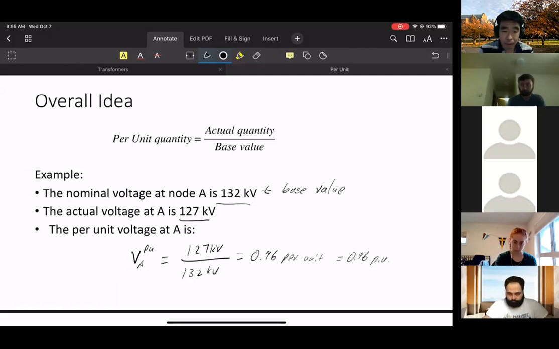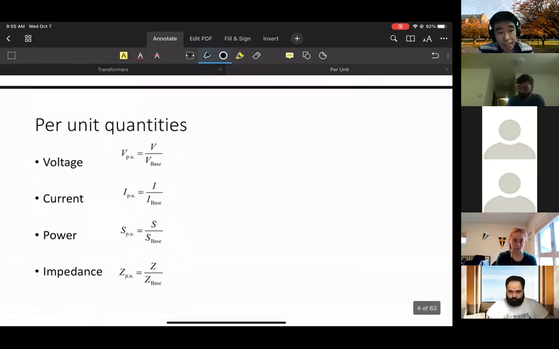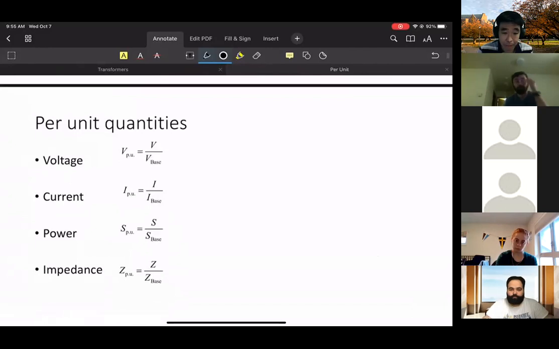This is for voltage, and all the others are similar. If you talk about per unit quantities, it's basically take the actual value, divide by the base value, and then figure out what the per unit value is.